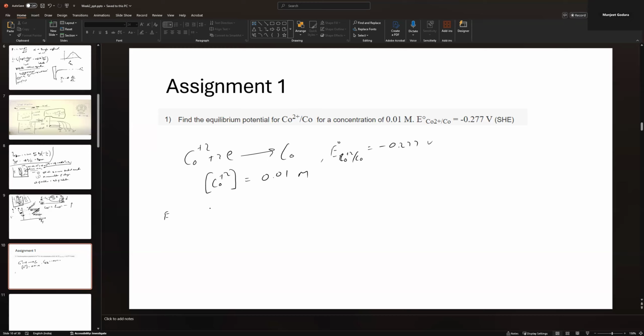So here E becomes E0 minus 0.059 divided by the number of electrons, 2, into log of the activity of Co, which is 1, over the concentration of Co2+.